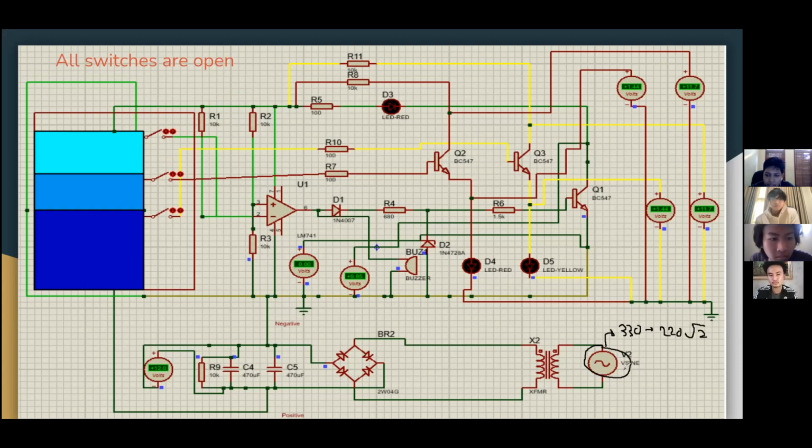This AC source also has a frequency of 50 Hertz. So now the AC voltage is connected into the transformer. Basically this is a step-down transformer with a turns ratio of 22. And then we move on to the full wave rectifier.